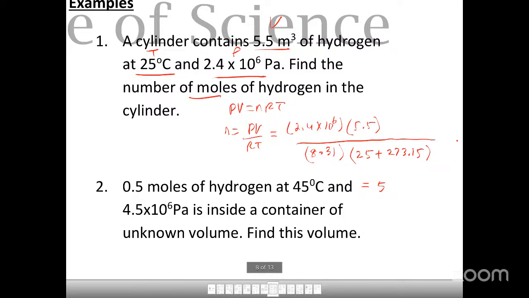How much will I get? 5, 3, 2, 7. So much more? I just make up a number. Right? So yeah, the number of moles is 5327.8.